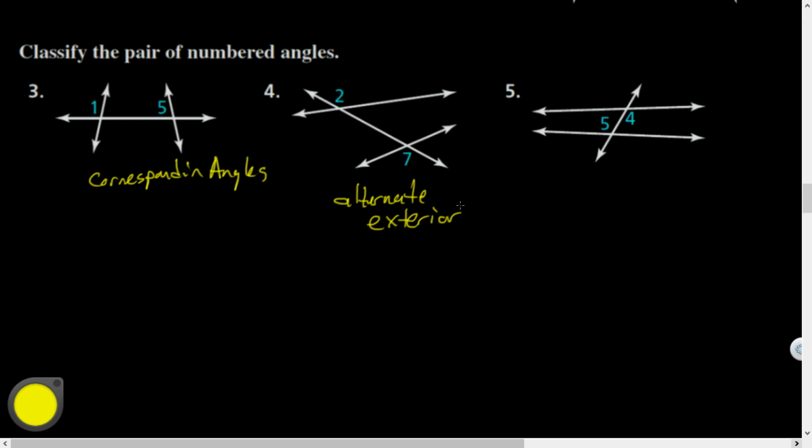Let's have Anthony, question 5. It's hard to tell, this is a small sketch. I believe they're talking about these two angles here. They are interior. Are they same side or alternating? They're alternating. So alternate interior angles. So guys, this isn't that bad, right? This is the easiest in the world.